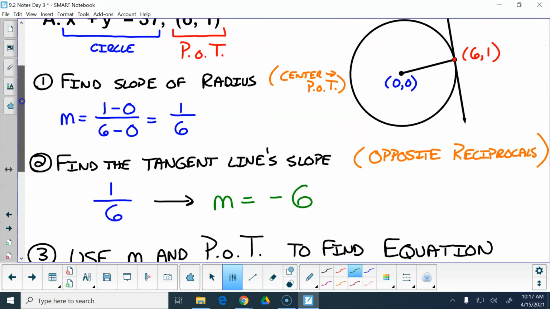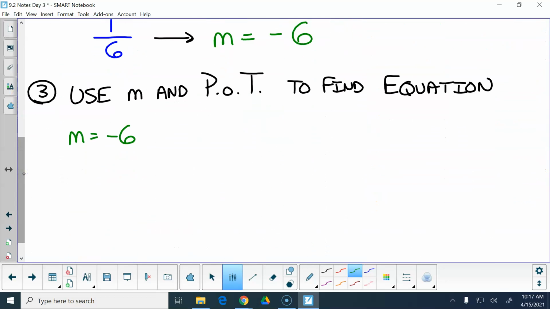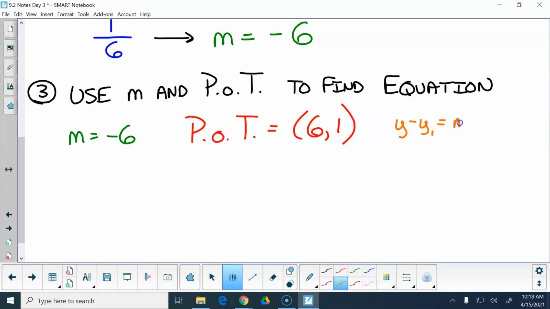My point of tangency is 6, 1 from the original problem. We're going to use y minus y sub 1 equals m times x minus x sub 1, because we have a point and we have the slope. So we're going to use point-slope form. If we had the y-intercept and the slope, we'd go right to slope-intercept form. We don't.